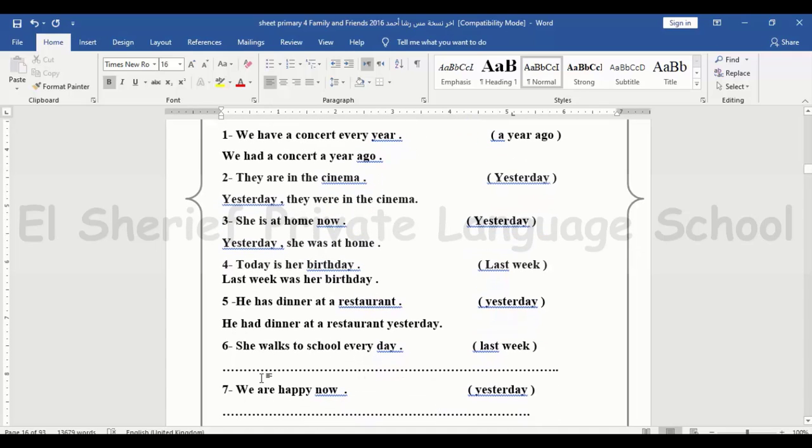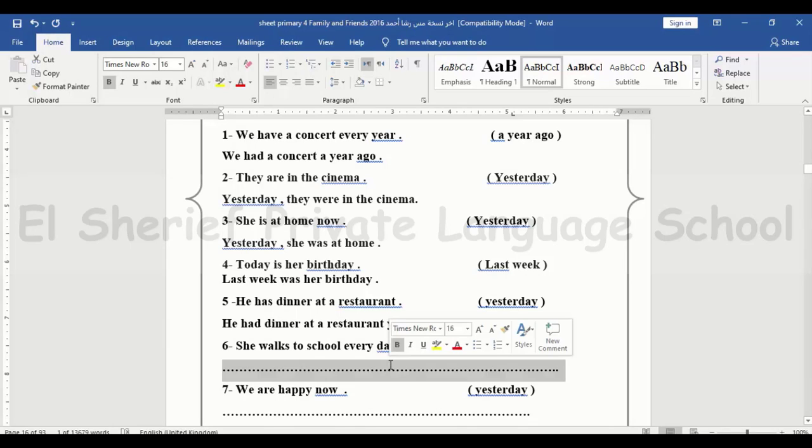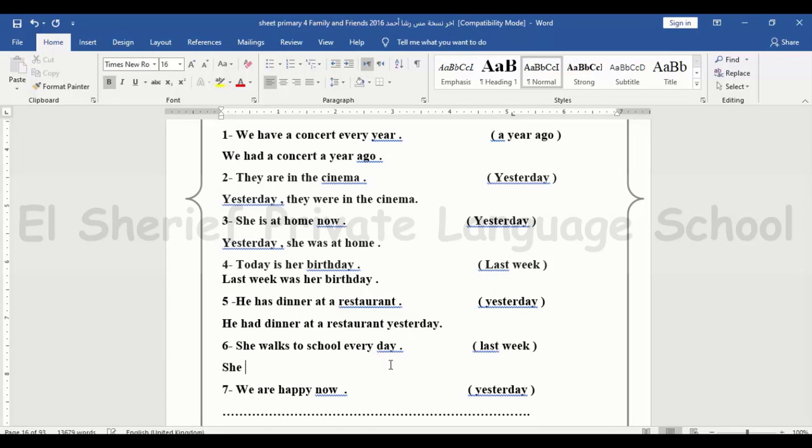Question number 6. She walks to school every day. Use last week. Last week here, L is not capital, it's small. So we start with the subject she. And the past form of walk is walked. It's regular.